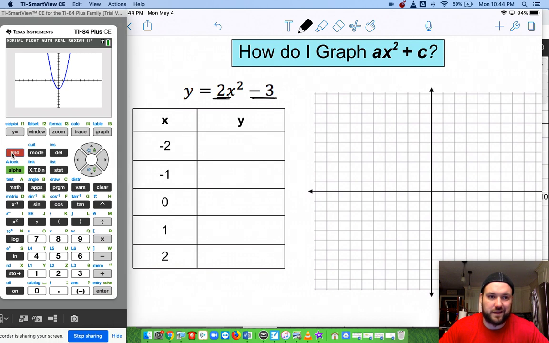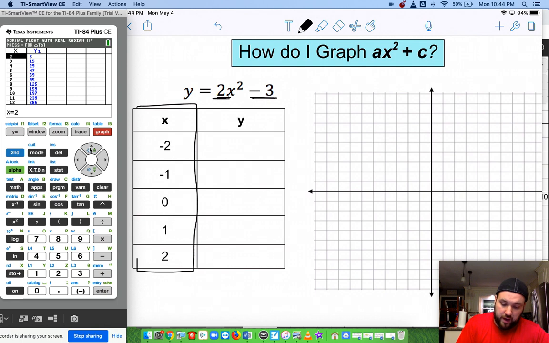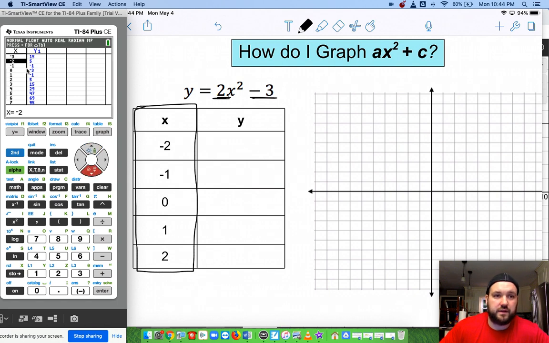If you hit the second button and then hit graph, it will give you a list of coordinates that are on this parabola. Now, I don't want to graph 10, 197 because my graph isn't that large. So most of the time, standard graphing of parabolas is going to go from -2 to +2, so we get a little bit of the negative side and a little bit of the positive side. So here I see -2 goes with 5. -1 goes with -1. 0 goes with -3, which we already knew from Desmos.